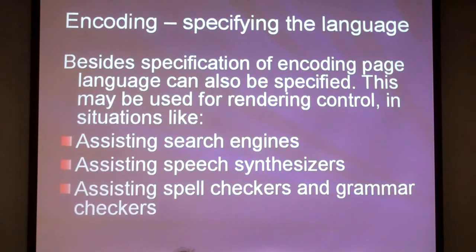Also assisting spell checkers and grammar checkers, because if they know the language, it's definitely very easy to do, providing that you have appropriate spell checkers and grammar checkers for a given language. If the language is not specified, you might see problems. For example, if you have the default spell checker loaded for English and load text in a different language, you see that all words become underlined immediately in red, because the spell checker cannot recognize them. Any questions?